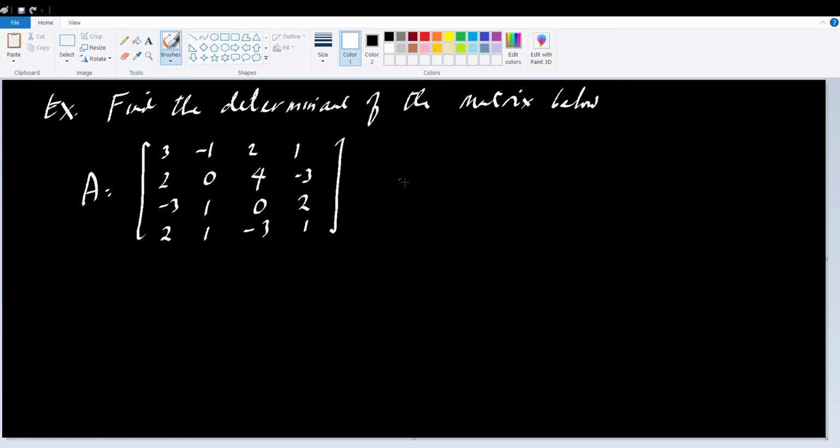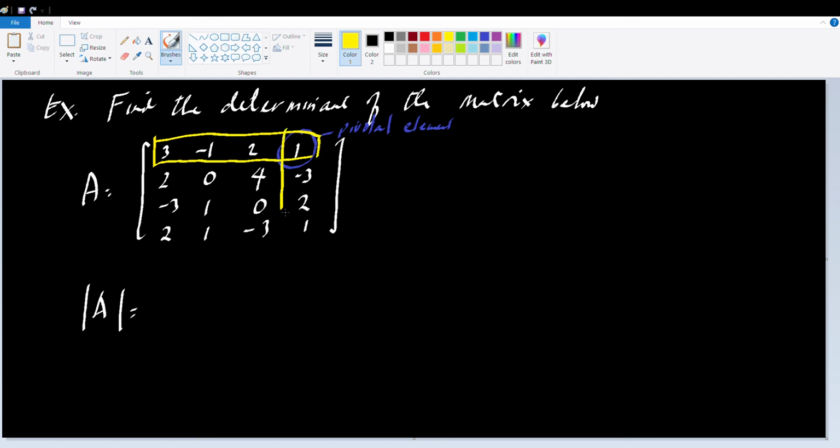Okay, so let us choose our pivotal element. Let us say this one. Okay, this will be our pivotal element. So the determinant of A is equal to, we delete the first row, fourth column.